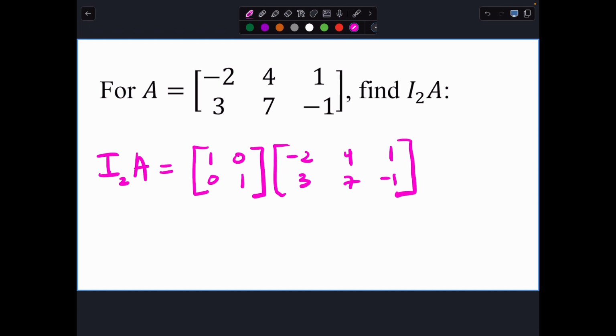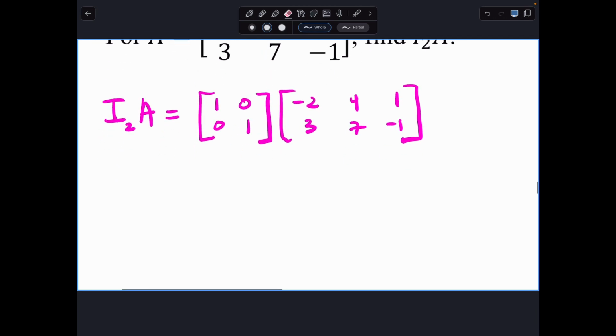If we were doing A times I, it would actually have to be a 3 by 3. It would be I sub 3. Do we see that?